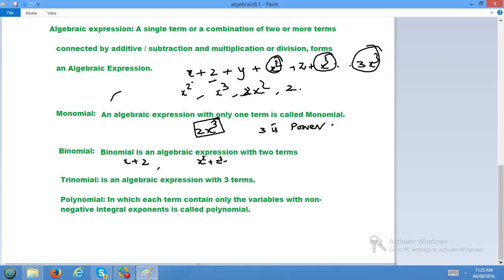A polynomial is an expression in which each term contains only variables with non-negative integral exponents. It's simple. Just like monomial, trinomial, poly means many.